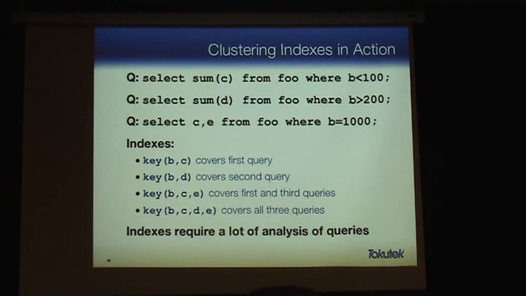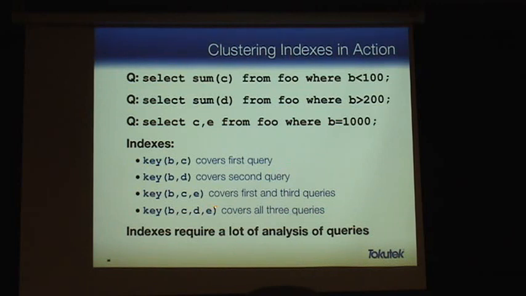So let's take a look at clustering keys in action. Suppose you have these queries. Select some C where B is less than 10. Select some D where B is greater than 200. Select C and E where B is equal to 1,000. Well, if I wanted to make covering indexes for these queries, I can make BC to cover this one. I can make BD to cover that one. I can make BCE to cover this one.